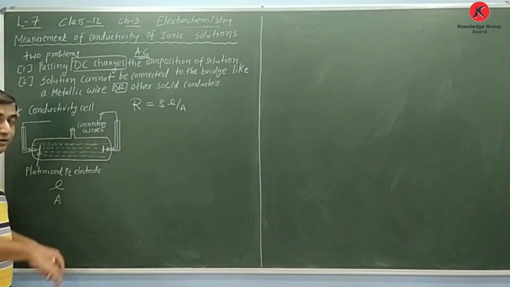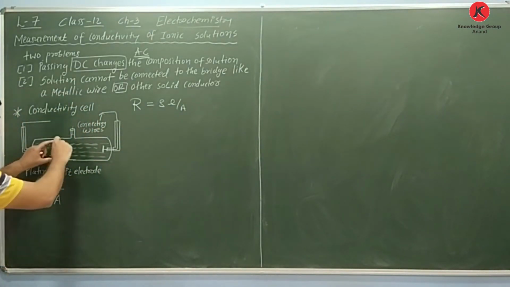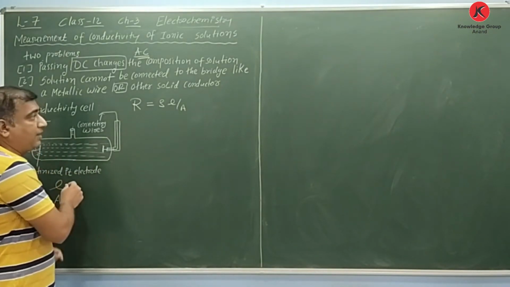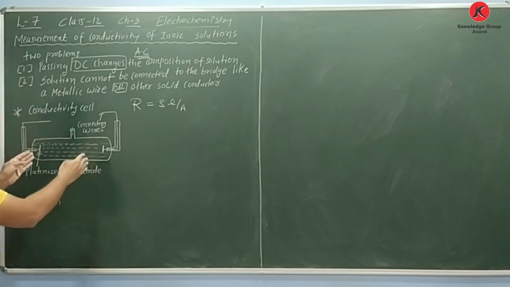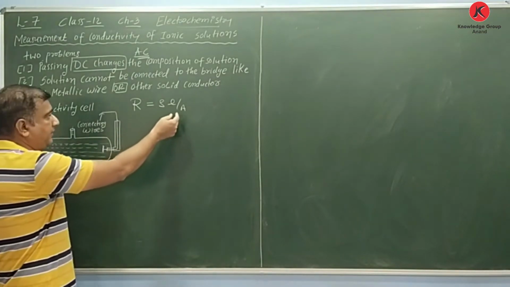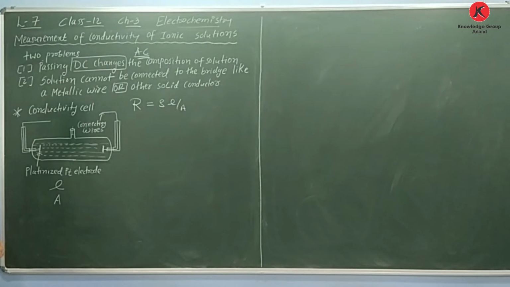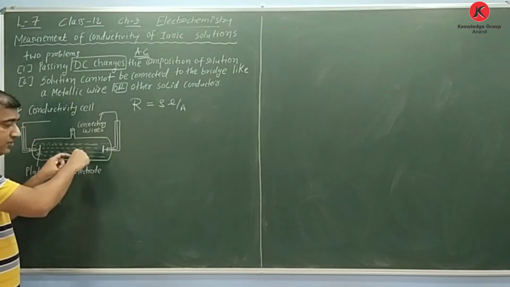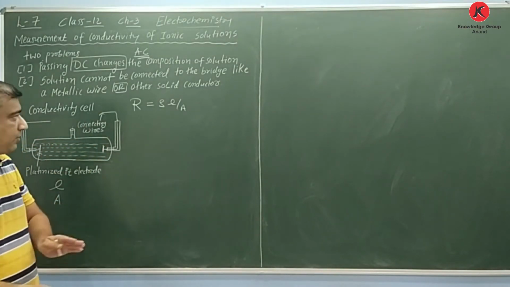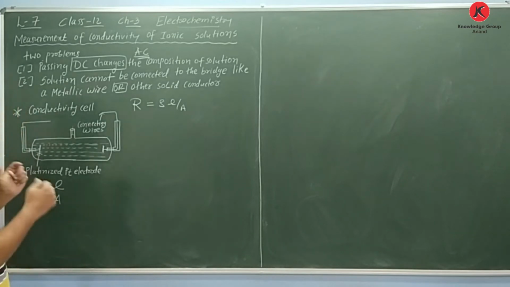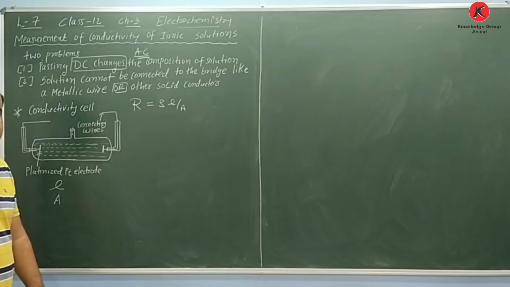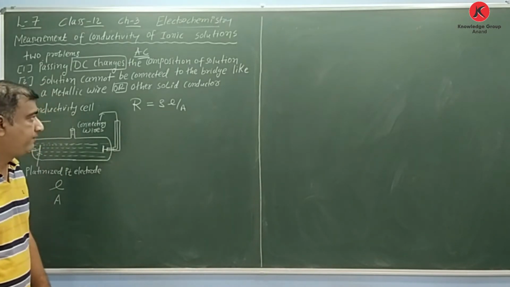So when the ionic solution is kept in this conductivity cell, L is the distance between the two electrodes and the area of the platinum electrode is A. When we are measuring the resistance, it will be equal to the resistance of the ionic solution kept in the conductivity cell.